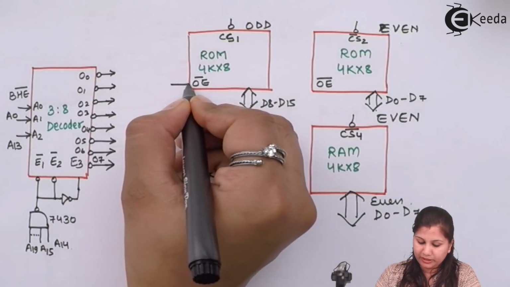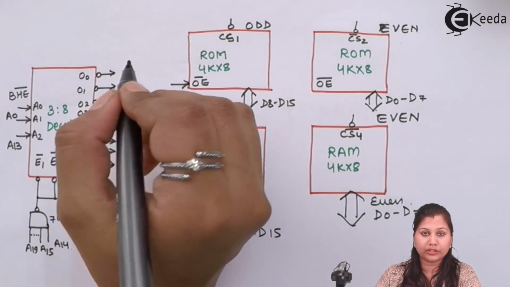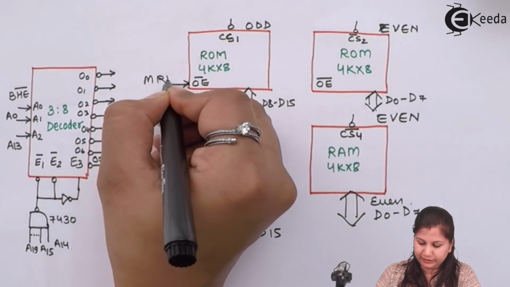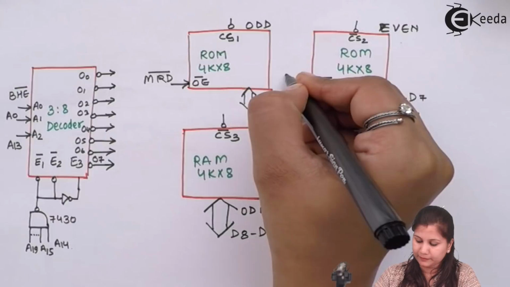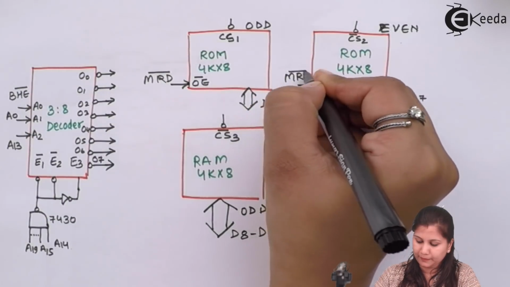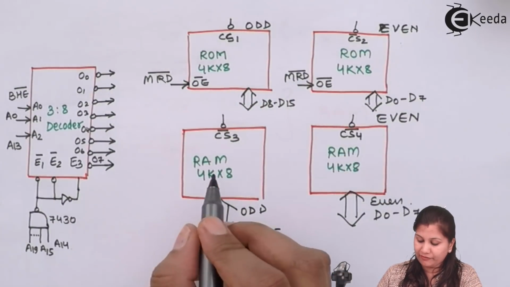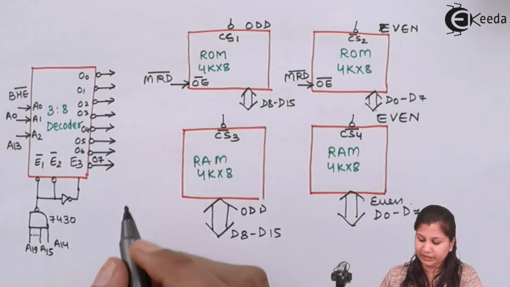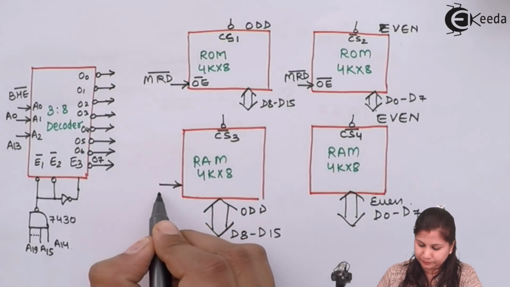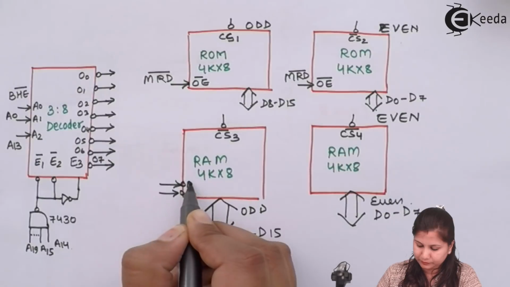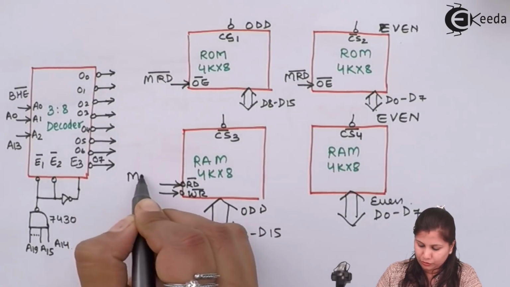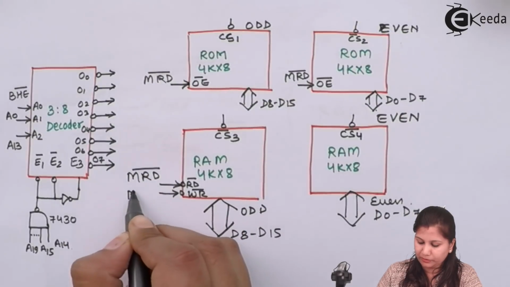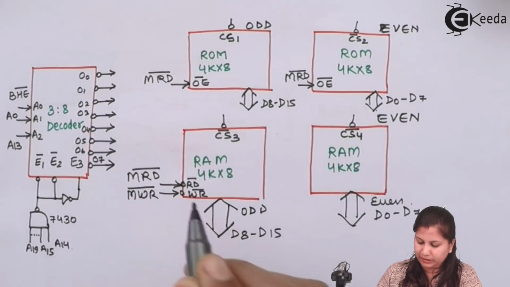So the memory read signal of the microprocessor will be connected here at the output enable line of the ROM chips. For RAM, we have both read and write. So read and write signals of the microprocessor will be connected here.